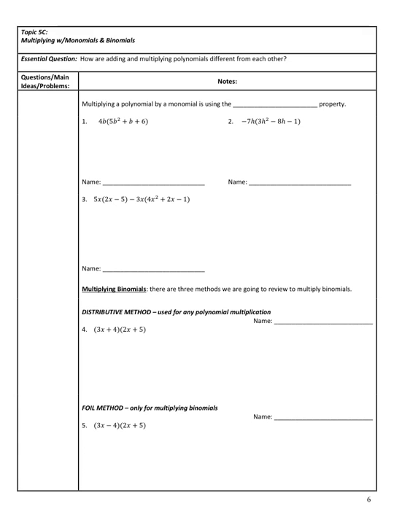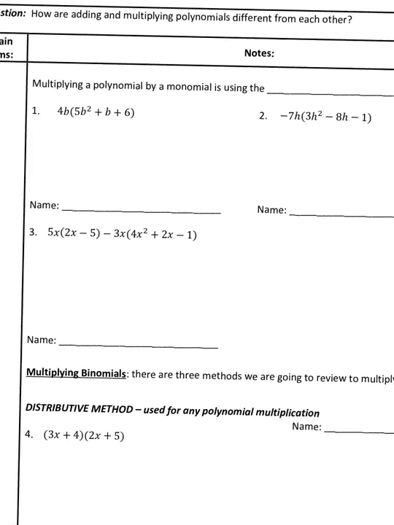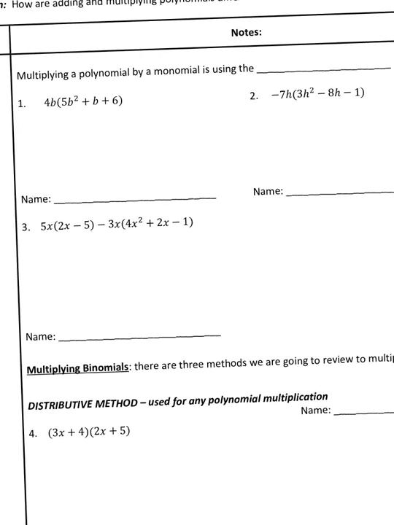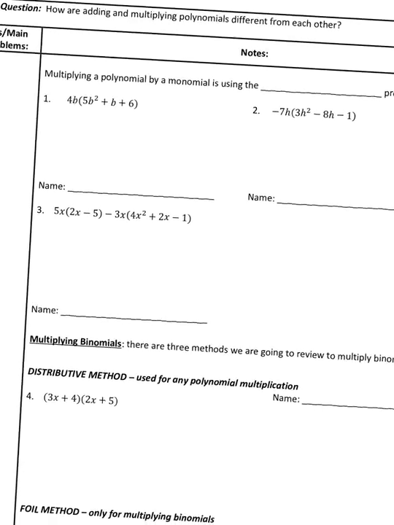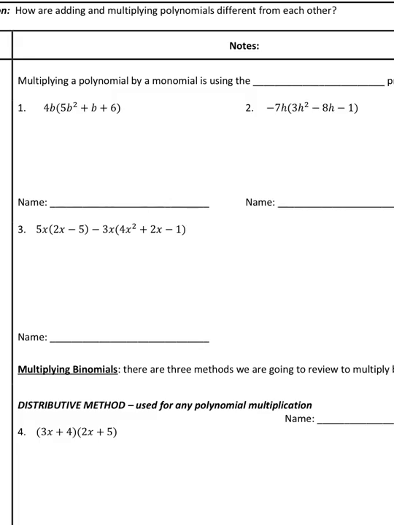So topic 5C. Looking at number 1, it says multiplying a polynomial by a monomial, which is using the distributive property.